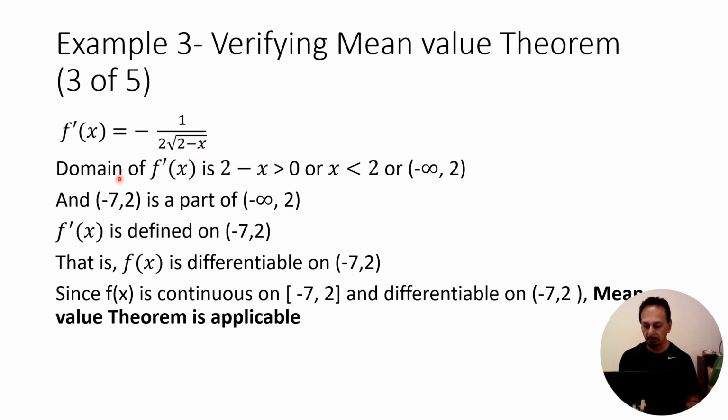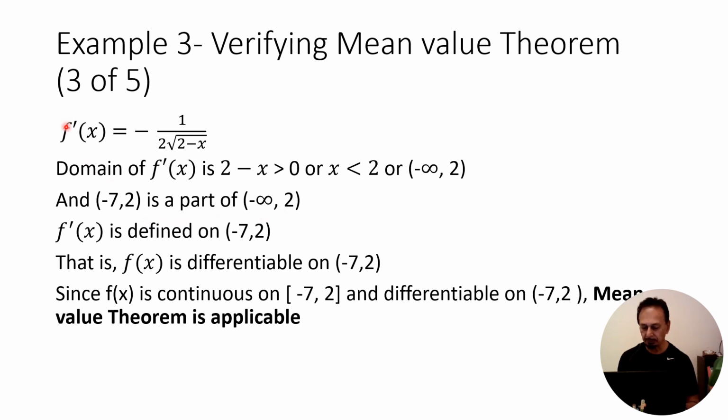So we found the first derivative is equal to negative 1 over 2 times the square root of 2 minus x. Now what is the domain of this one? The domain of f prime of x is 2 minus x bigger than 0. Solving for x gives x less than 2. So the domain is negative infinity to 2, because at 2 the whole thing is undefined. And negative 7 to 2 is a part of this domain.